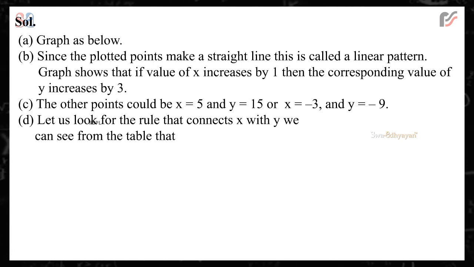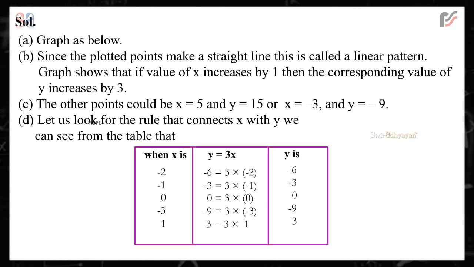D. Let us look for the rule that connects x with y. We can see from the table that when x is -2, y is equal to 3x, which becomes -6, equal to 3 multiplied by -2. Y is -6.